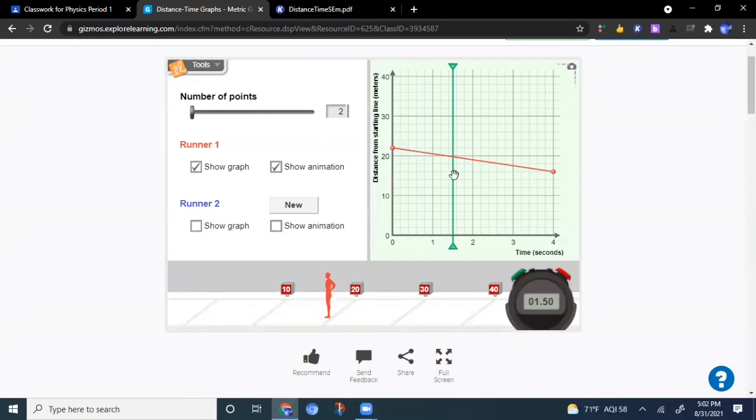At 1.5 seconds, you can see we're at about 20 meters here. And notice the toes are facing left. The person is facing left because the downward slope here is a negative velocity.